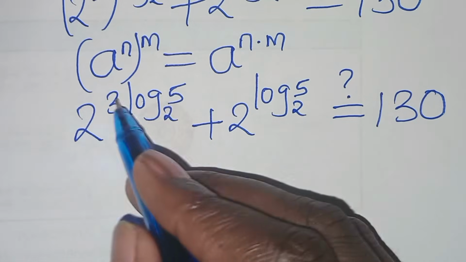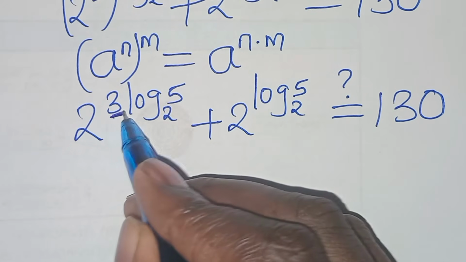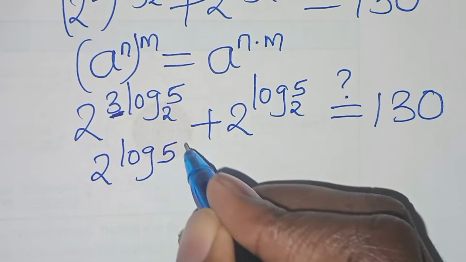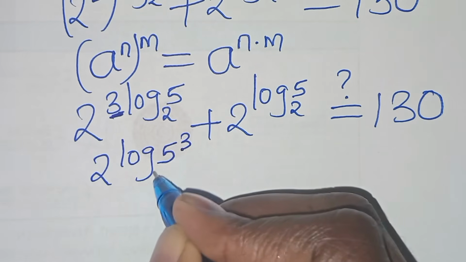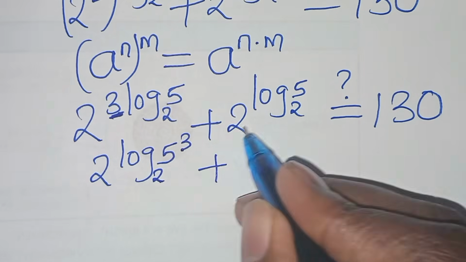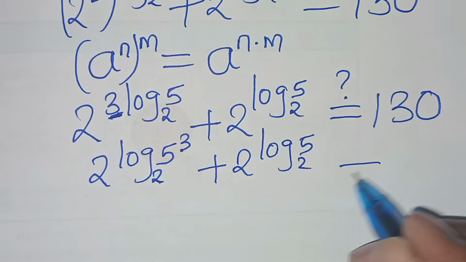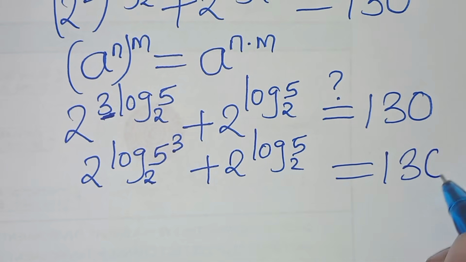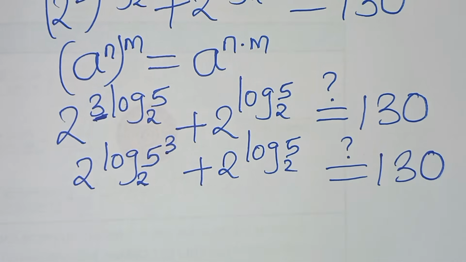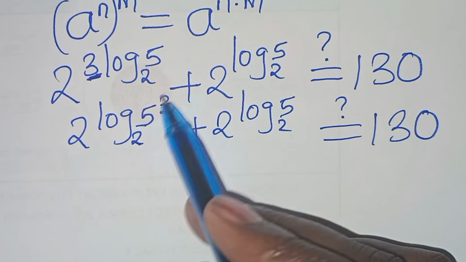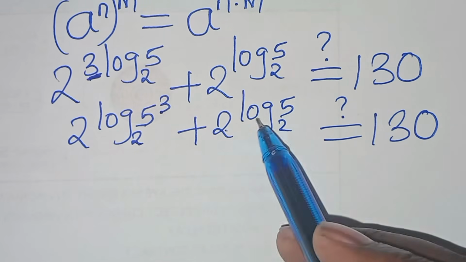So 2 to the power 3 log 5, this 3 is a power, so we can express this as 2 to the power log 5 to the power 3, to base 2, then plus 2 to the power log 5 to base 2. This should give us a value of 130. Now, 2 to the power log 5 cubed to base 2 plus 2 to the power log 5 to base 2.